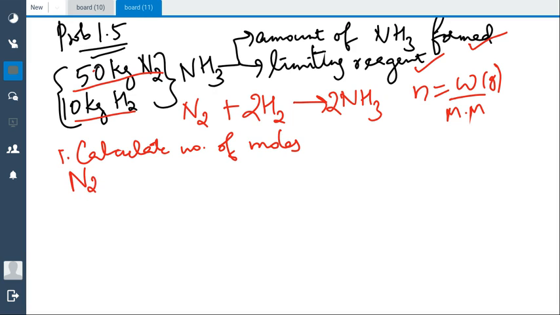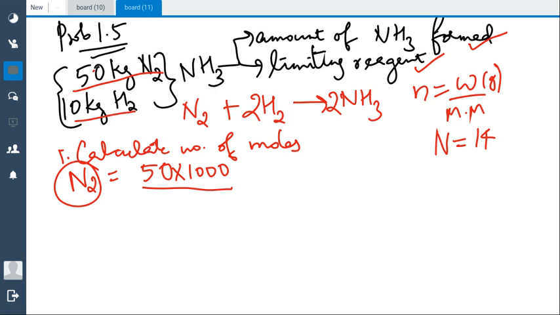First we'll calculate the number of moles of N2. The given mass is 50 kg, I'll convert it into grams, divided by the molar mass of nitrogen. Mass of 1 nitrogen is 14, mass of N2 is 14 into 2, equal to 28. So this should be divided by 28. Approximately, my answer will be 1786 moles. These are approximate numbers.